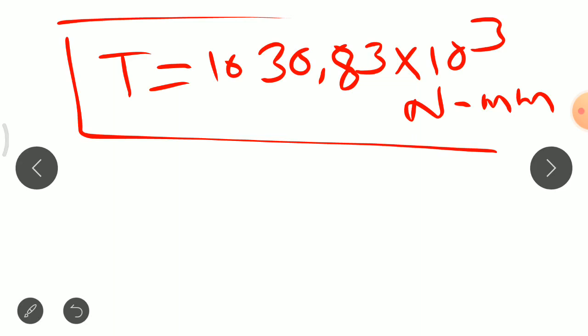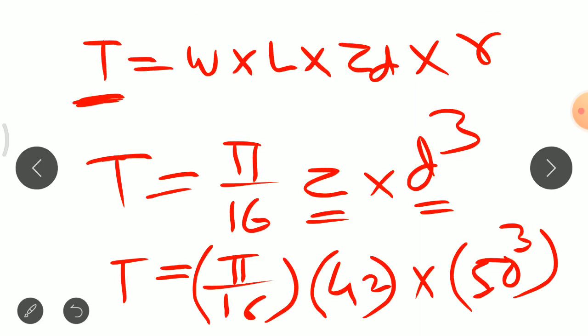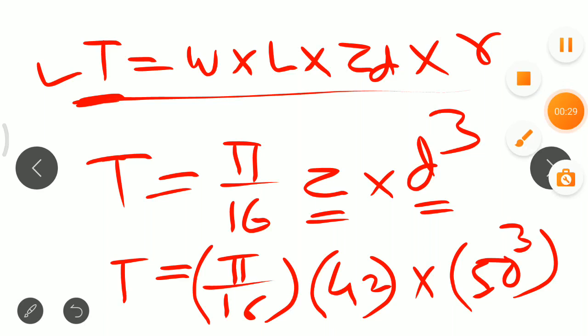Now put the value of torque in the equation of the direct shear stress condition for designing the key.